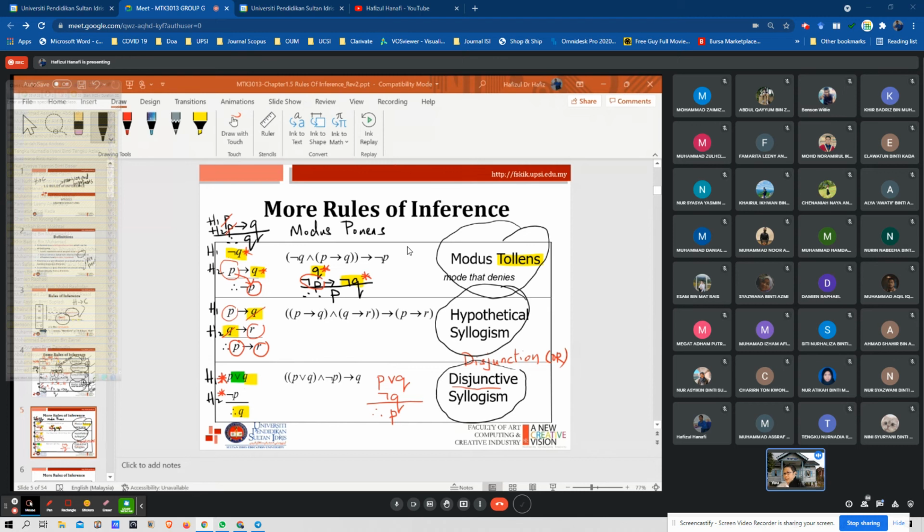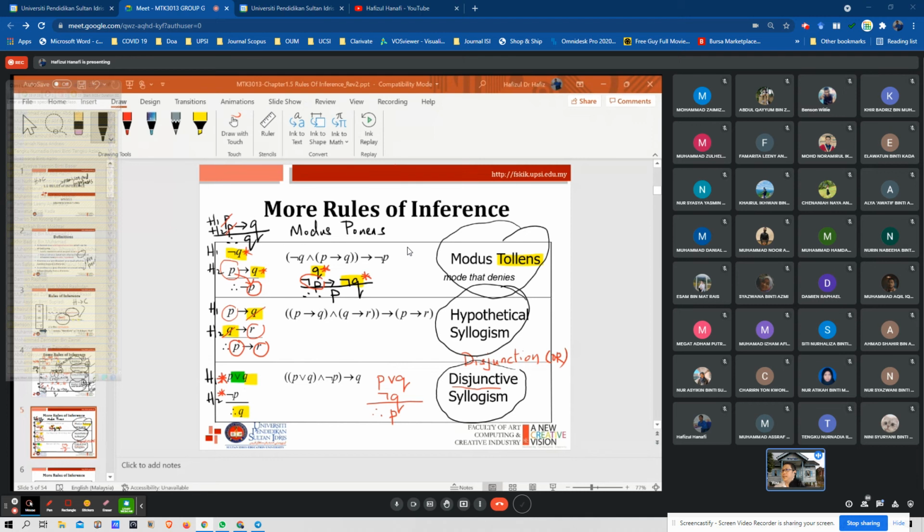Modus tollens is also known as removing by taking away. For example, we have P as hypothesis 1, hypothesis 2, P implies Q. So we can say that the last output will be Q.